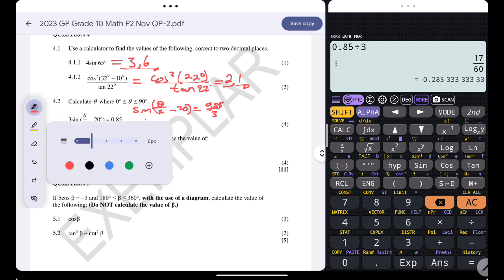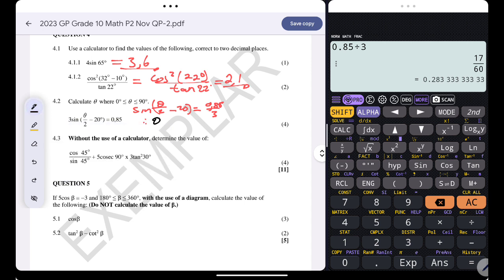Therefore, theta over 2 minus 20 degrees is equal to the inverse of sine 0.85 all over 3.